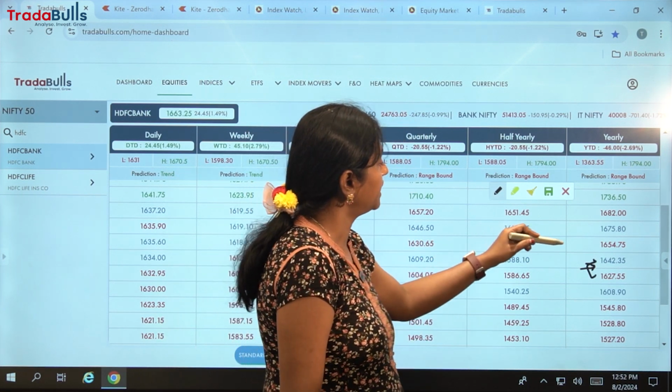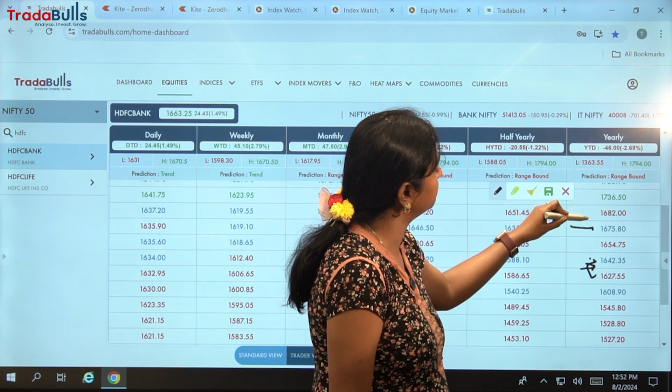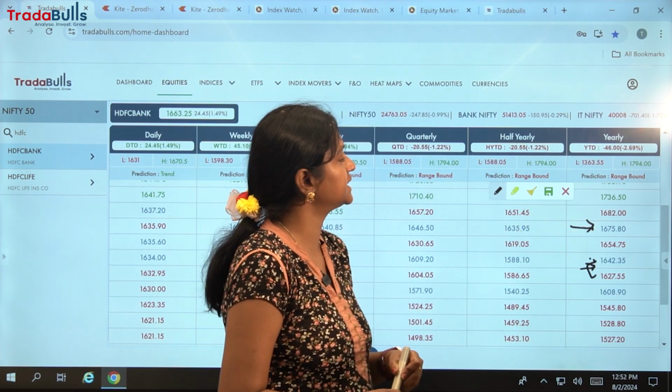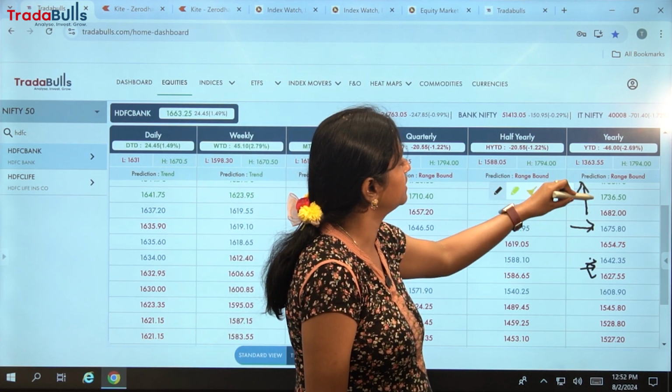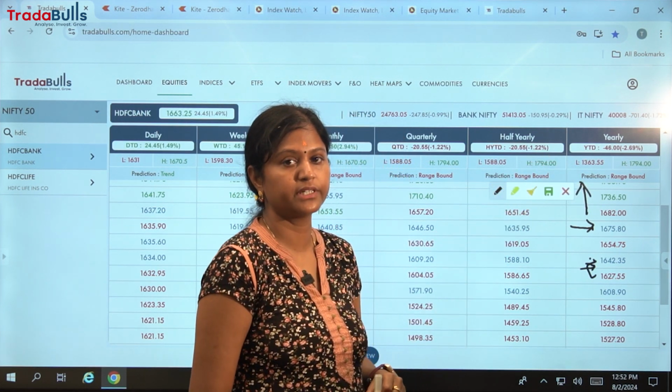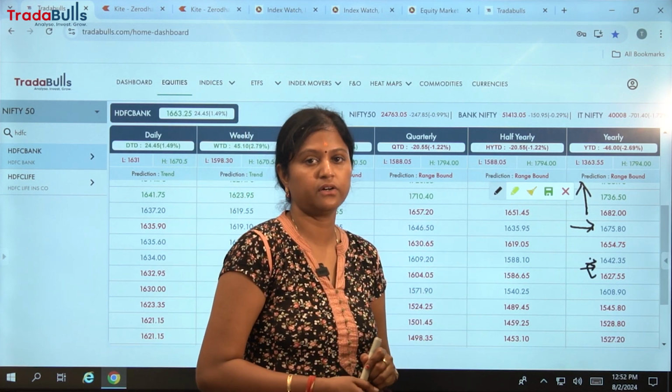But if it goes above this particular value, 1675, it means it is taking support and the market is going upward. This way you can analyze and take a decision accordingly.